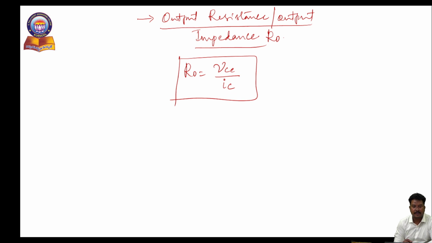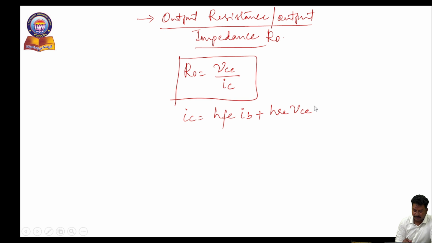As you know from the H parameter equations, I will directly substitute the IC value here. So IC is equal to HFE into IB plus HRE into VCE.